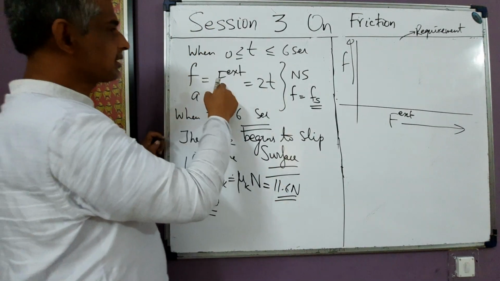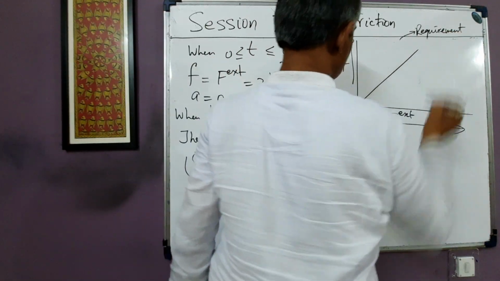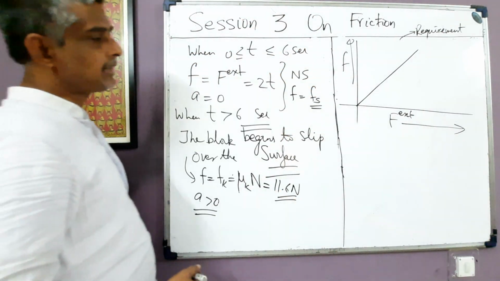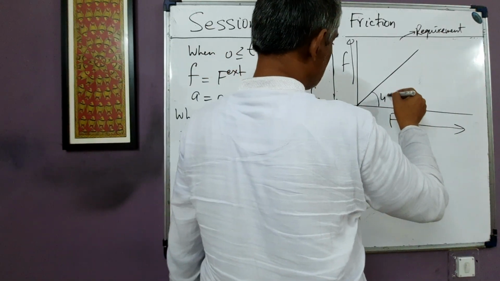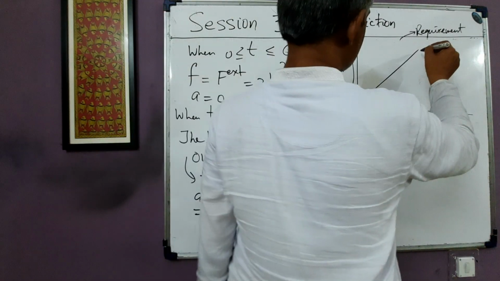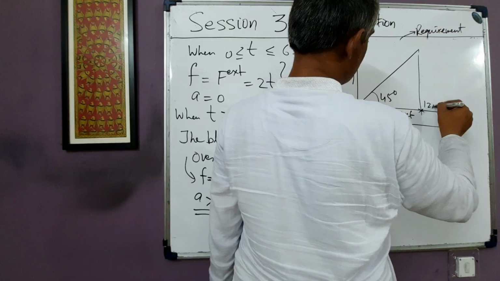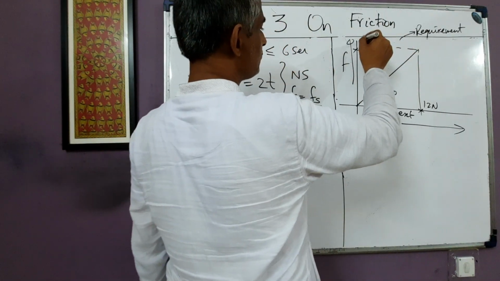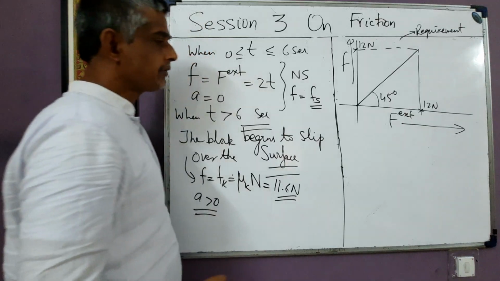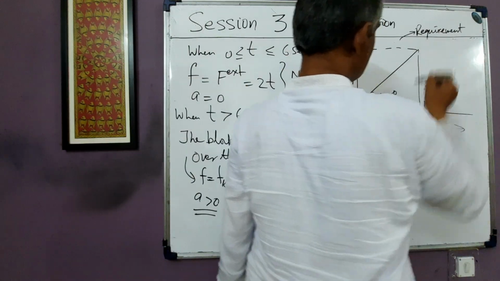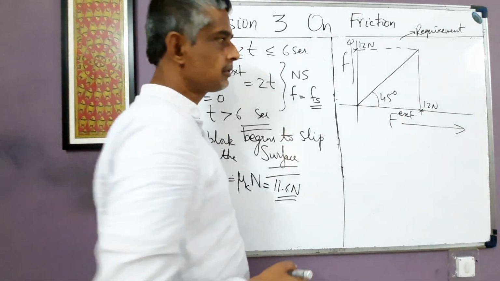So f equal to f external is a straight line through the origin which makes 45 degrees with the external horizontal force. This is true so long as f external is less than or equal to 12 Newton. Friction also becomes 12 Newton. And when the external horizontal force exceeds 12 Newton, slipping starts to take place.